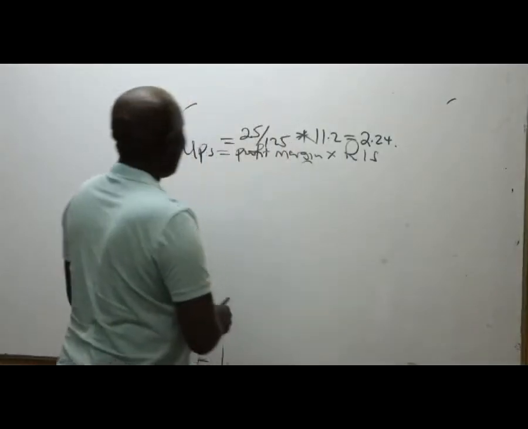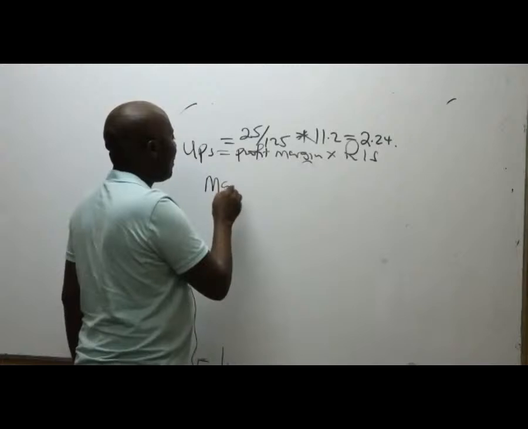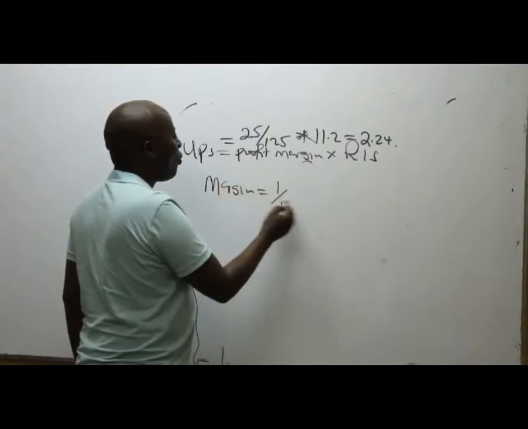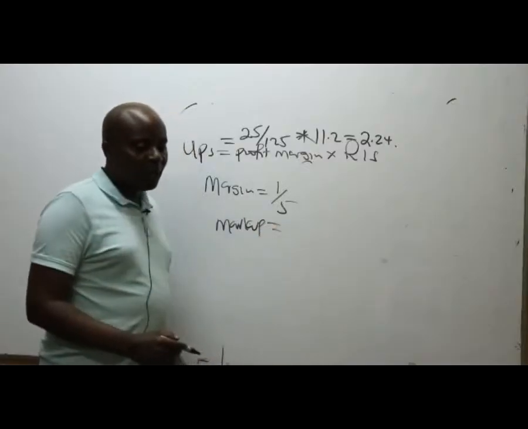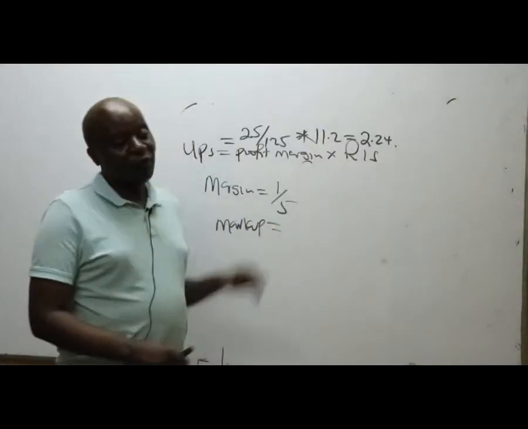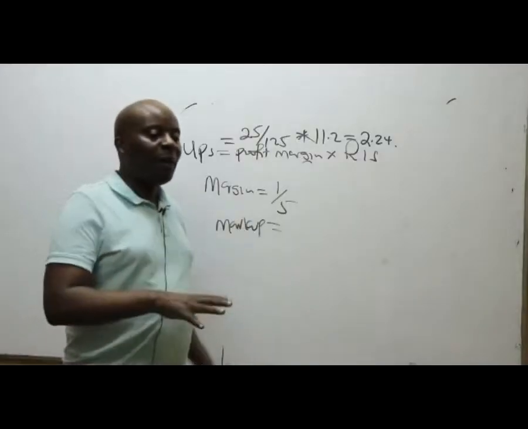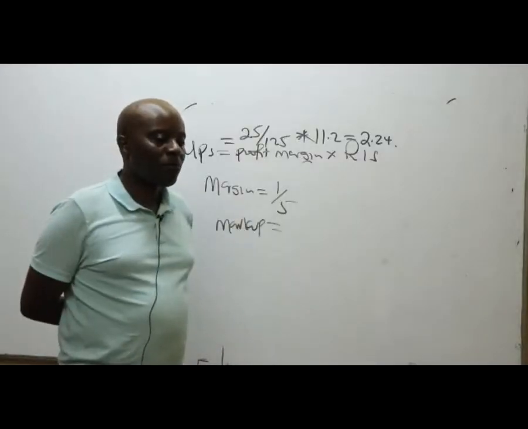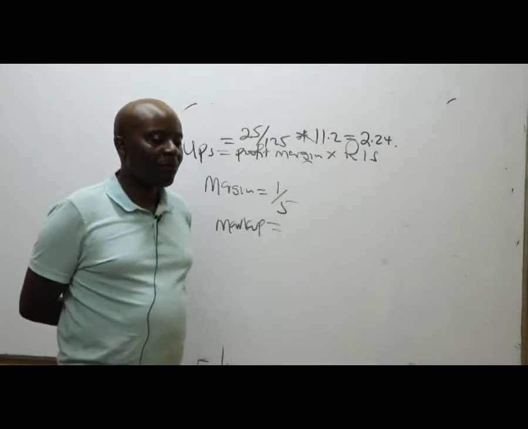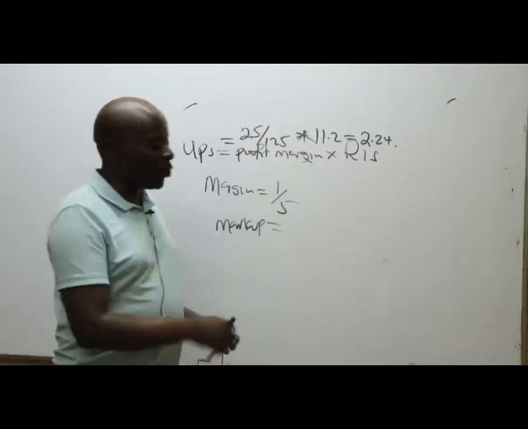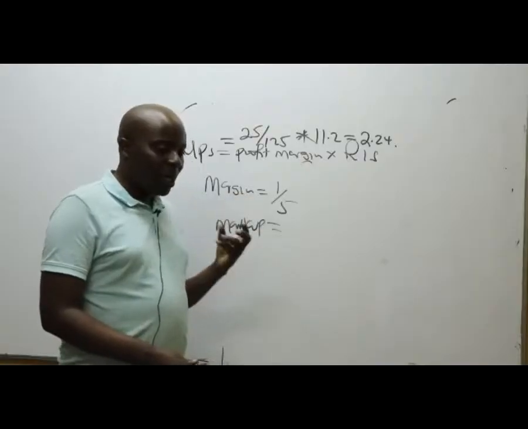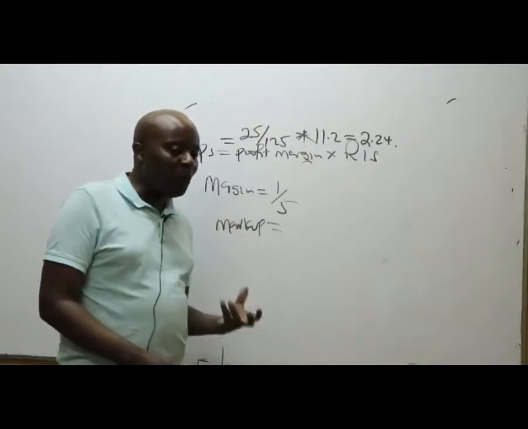Ladies and gentlemen, if, for example, you are given margin of 1 over 5, what will be the markup? If margin is 1 over 5, markup will be? You guys are bright. 1 over 4, yes, because markup has a lower denominator.